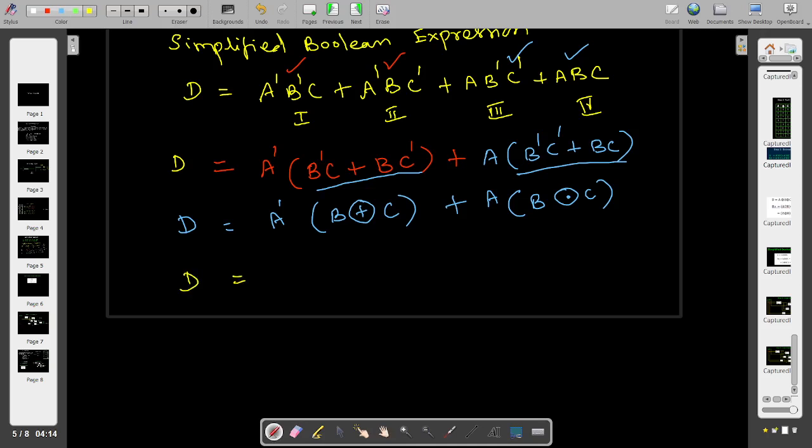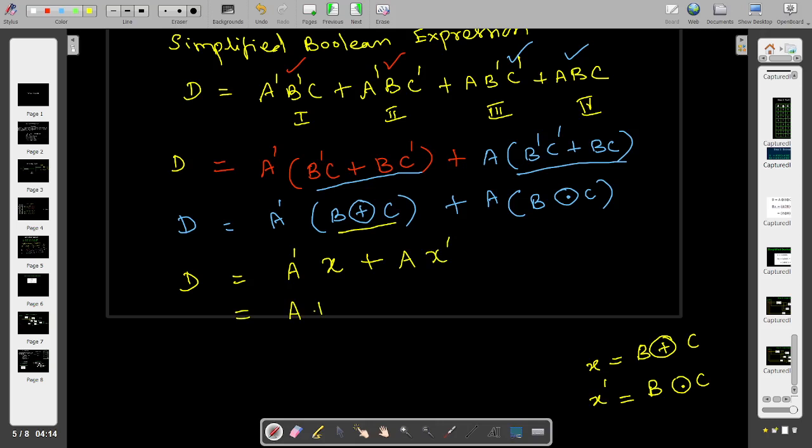We can proceed further. A dash, and I'm going to take B exclusive OR C as X. So what is X dash? X dash is B exclusive NOR C. So this is A dash X plus A into X dash. So what it is again? Again it is exclusive OR function.